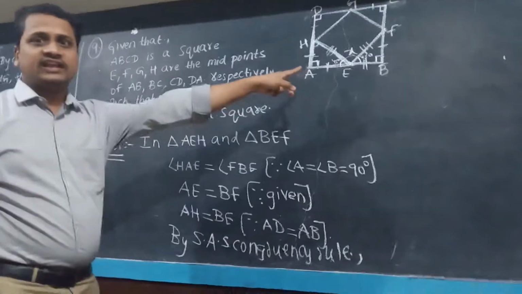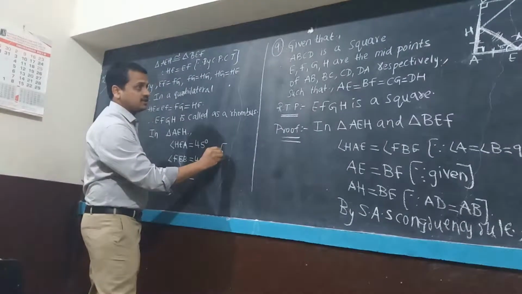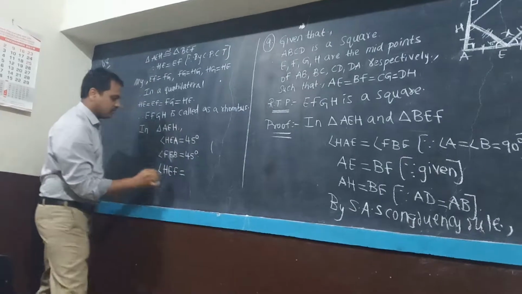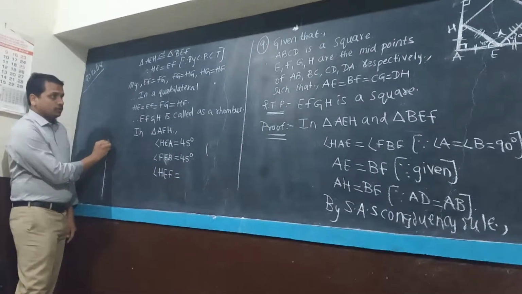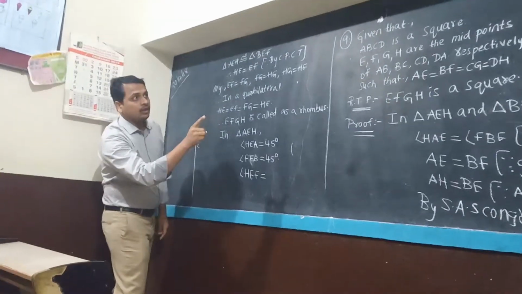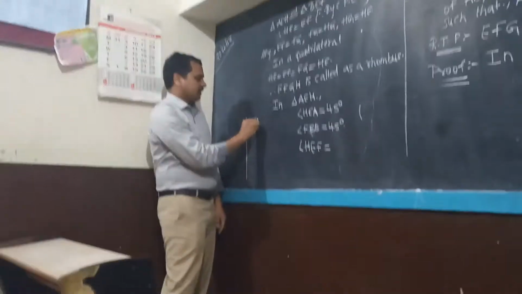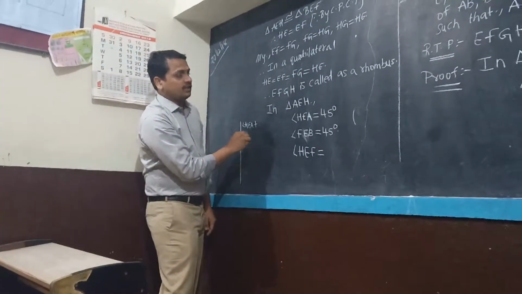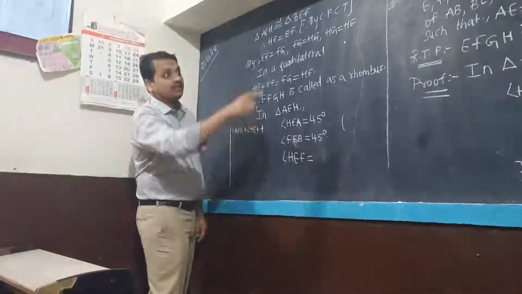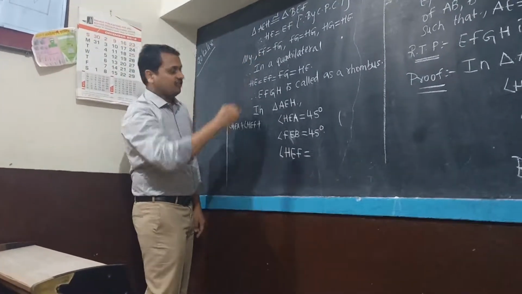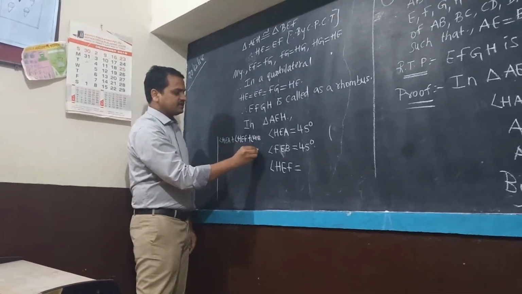See, observe, in the rough column I am doing: angle HEA plus angle HEF plus angle FEB is equal to 180 degrees.